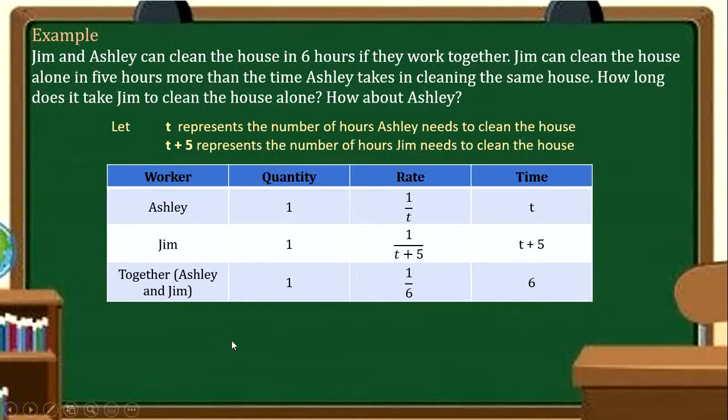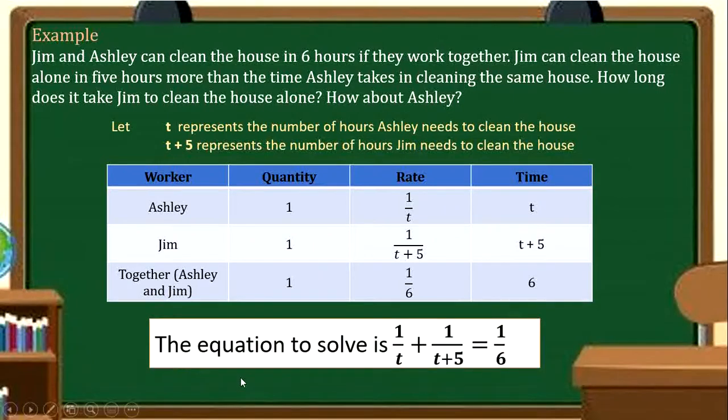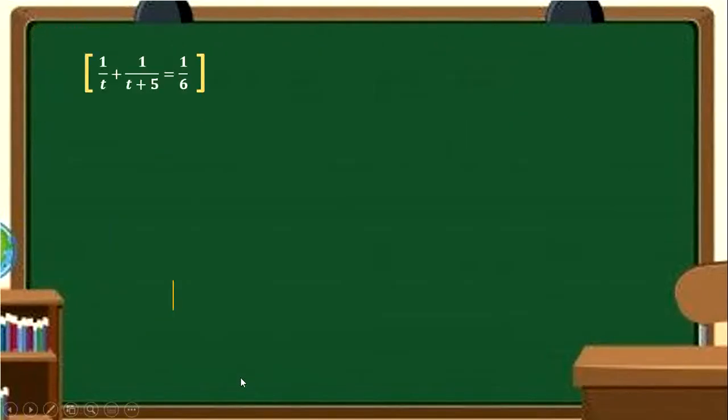And then working together, they can clean the house in 6 hours, so 1 over 6. So i-add natin yung kay Ashley at kay Jim equals the time together. Multiply both sides of the equation by the LCD 6t times the quantity t plus 5.